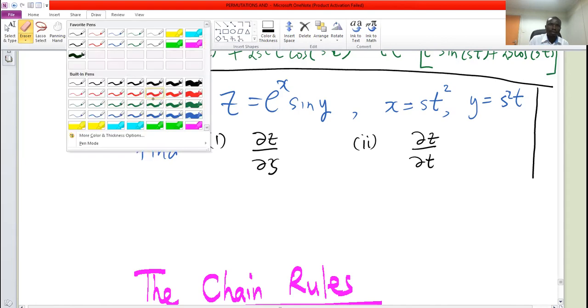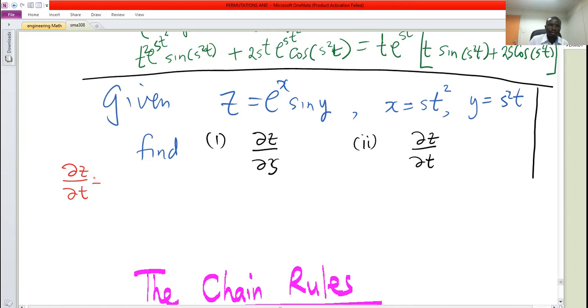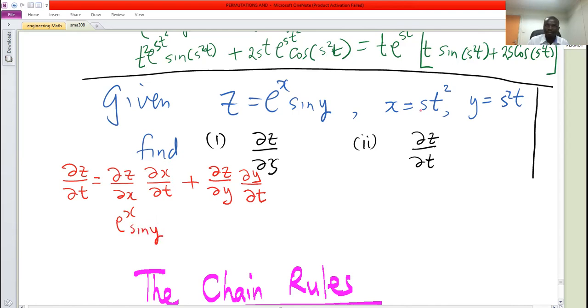So we'll have ∂z/∂t equals ∂z/∂x times ∂x/∂t plus ∂z/∂y times ∂y/∂t. ∂z/∂x, with respect to x, is e^x sin y. ∂x/∂t will be 2st. ∂z/∂y will be e^x cos y. ∂y/∂t will be s².